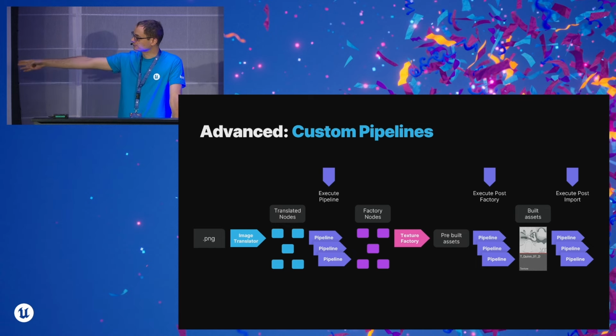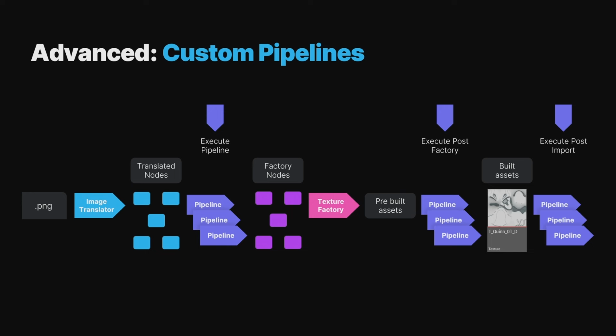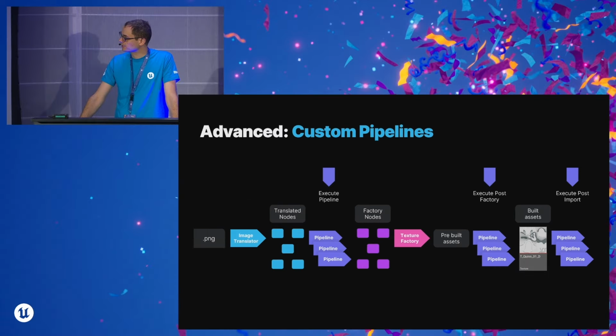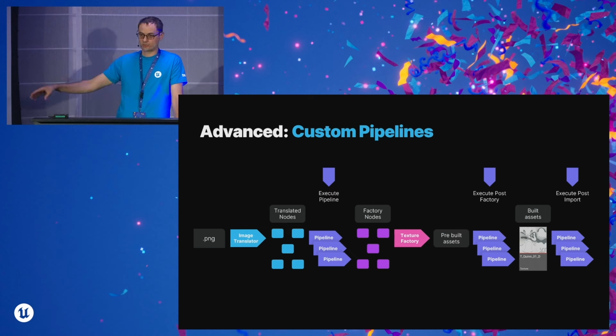Or you can come after the assets are being created, before we call the build on them, or after the assets are being built. And what is important to understand, and we're going to see later, is how I'm going to work: I'm going to leverage what the engine provides.